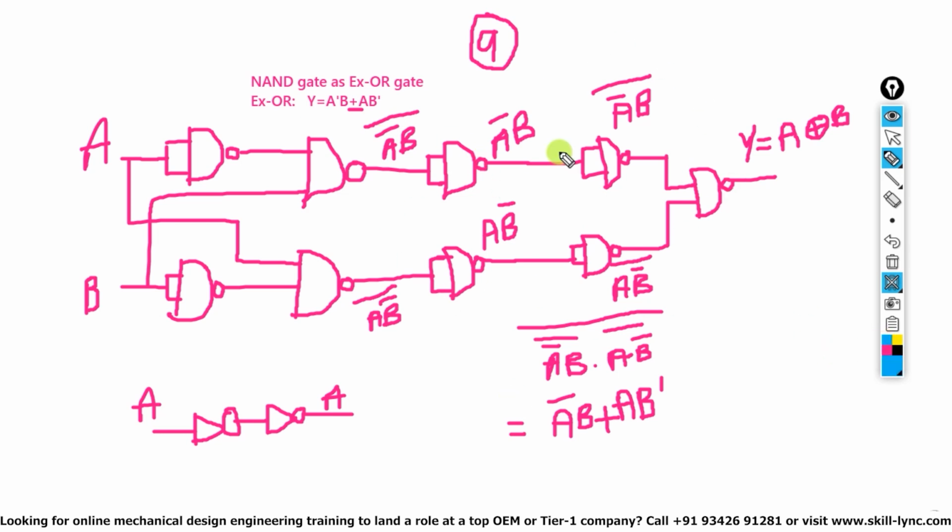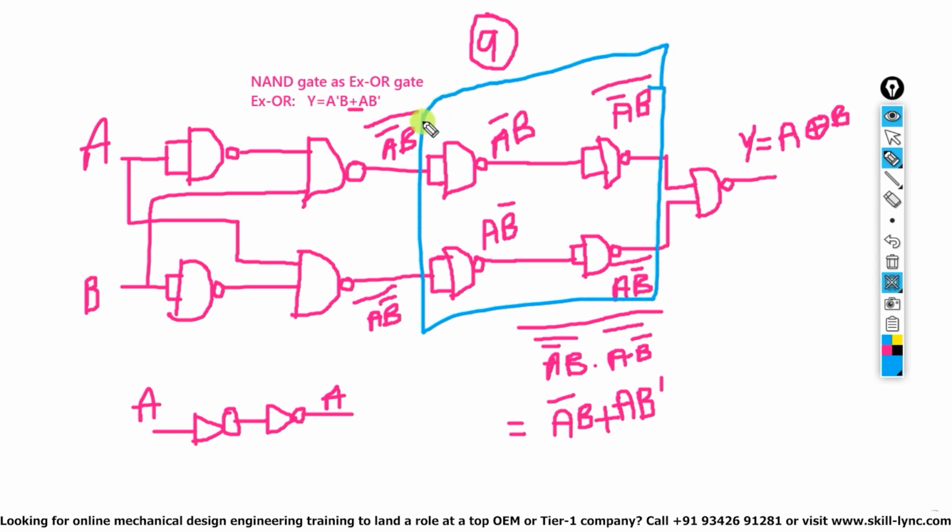Okay, let's remove these parts. So these 4 NAND gates are useless. I am trying to reduce the number of NAND gates, because these 4 NAND gates are just increasing the circuit complexity, nothing else. Here we are getting (A bar B) whole bar, and outside of this also we are getting the same thing.